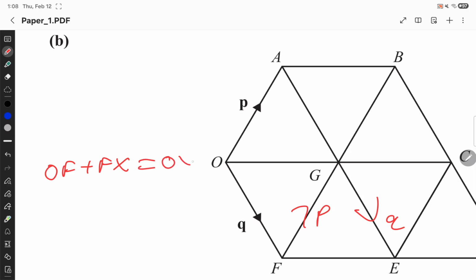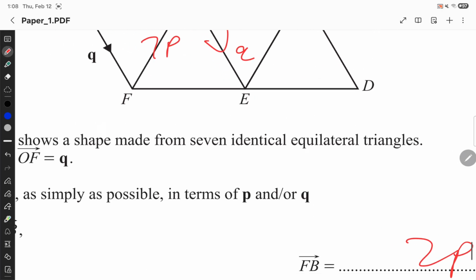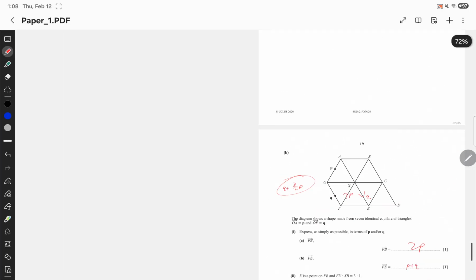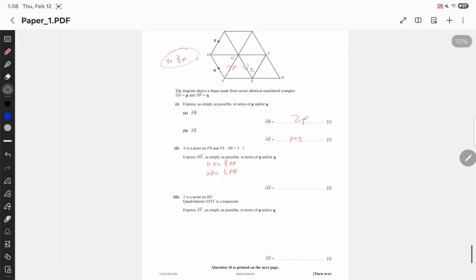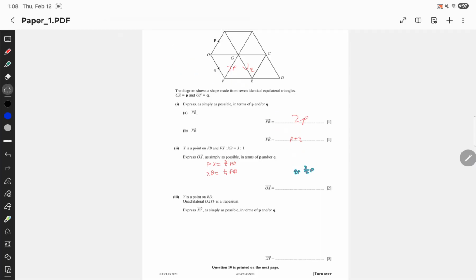This will give us OX. Sorry for the background noises. So OF is Q, FX will be 3 over 4 of 2P, which is 3 over 2 P, and that is our answer: Q plus 3 over 2 P. I know, very simple again, very easy.